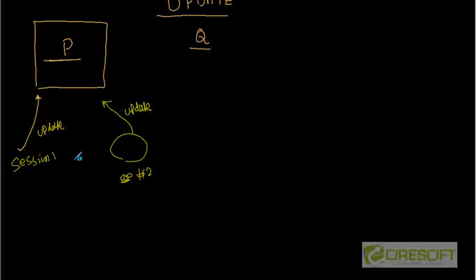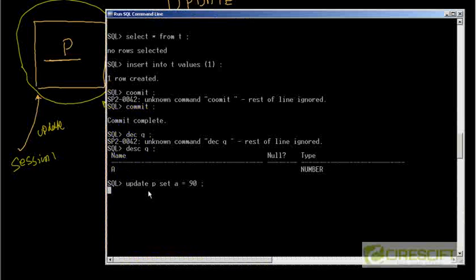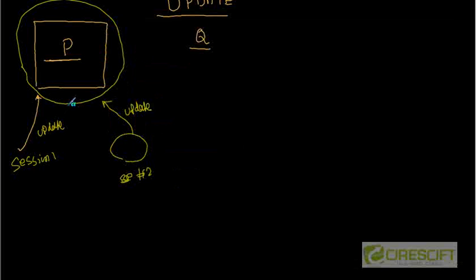Whenever we do an update on P, there is a lock on table P, and the lock is acquired by session 1 at this point. When session 2 goes there, it sees that there is a lock and has to wait. That is exactly what is happening here. Session 2 is waiting. This lock is going to be released when session 1 does either a commit or a rollback.